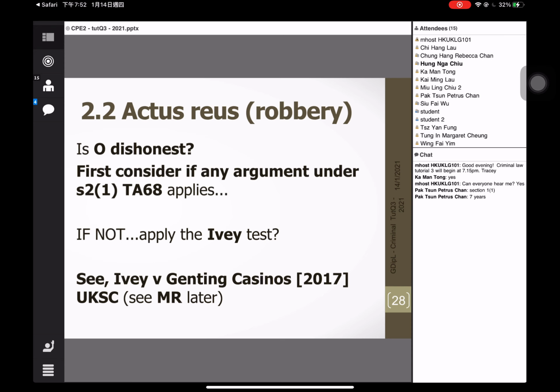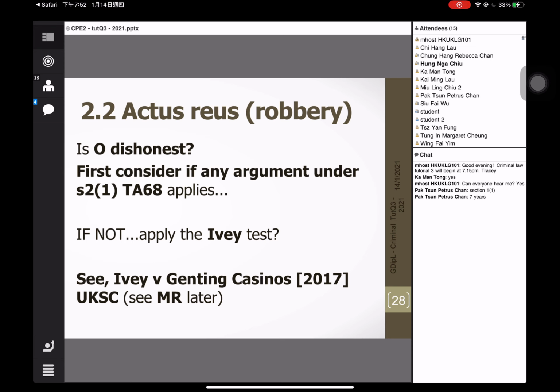deemed to be honest. So (a), honest belief in a claim of right, no, that wouldn't apply here. (b), honest belief that the owner would have consented had he known of the circumstances of the appropriation, no, that doesn't apply here either, and certainly the last one doesn't either, an honest belief that the true owner couldn't be found by taking reasonable steps, when it's quite clear here that none of those apply.